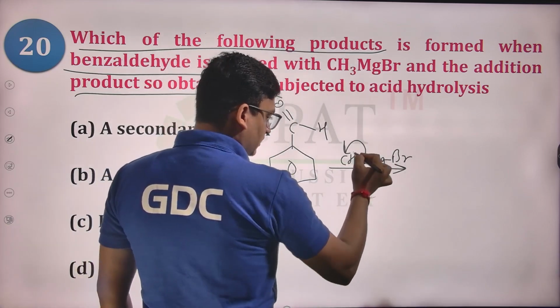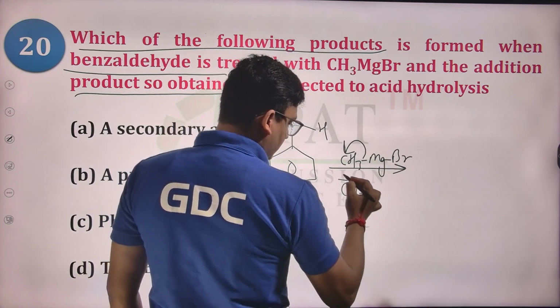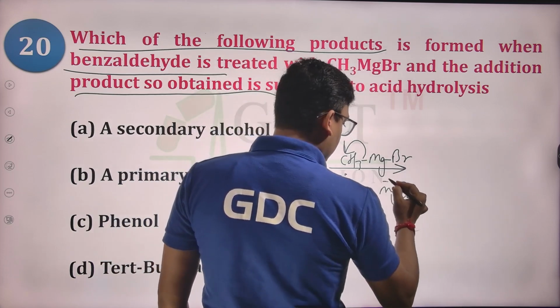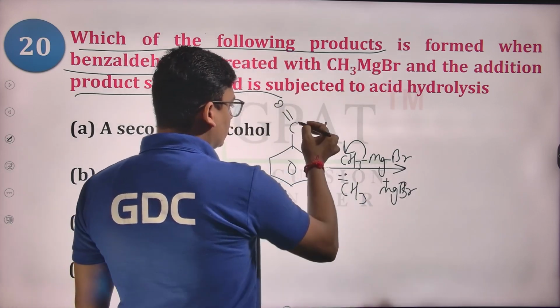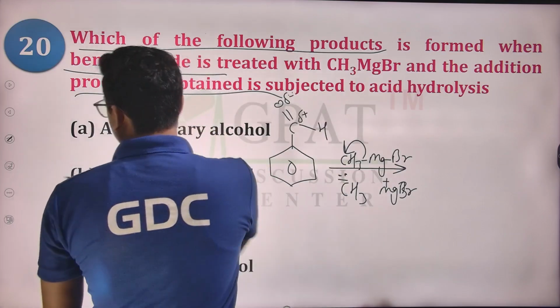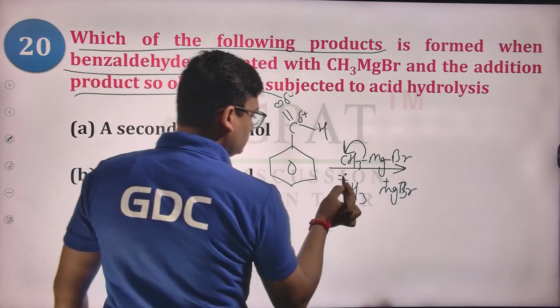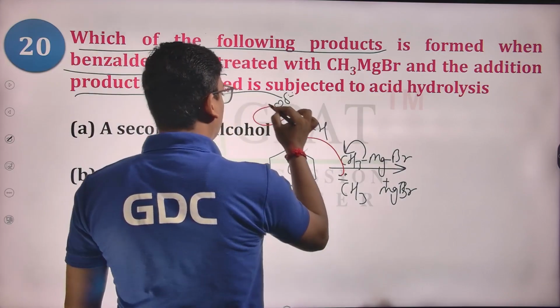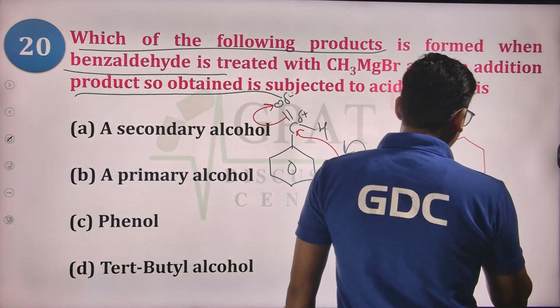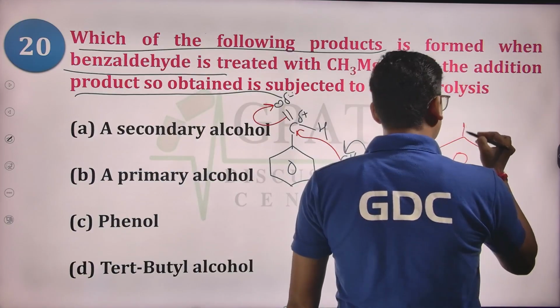This will form CH3 minus and MgBr plus. CH3 minus will be attacking this positively polarized carbon, and now the pi bond between carbon and oxygen will be shifting to the oxygen.